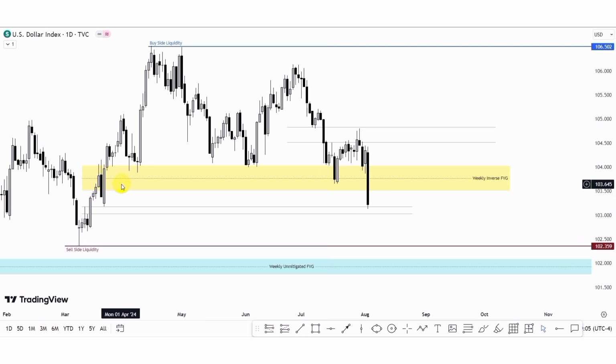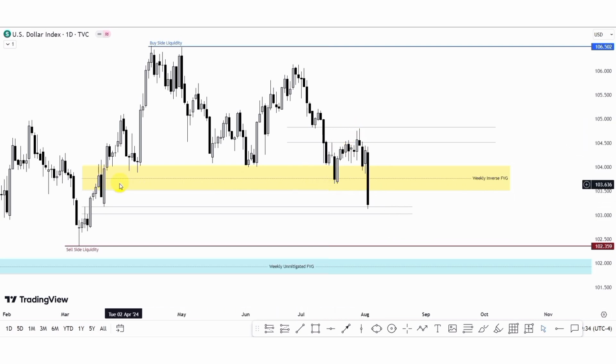So we can see here, this is the weekly inverse fair value gap, price reacting at the daily fair value gap. So we want to see price push to the upside to be reclaimed by this down close candle that sponsored this bullish move that raided this buy side liquidity and mitigated the fair value gap, the weekly breaker volume block that was left here.